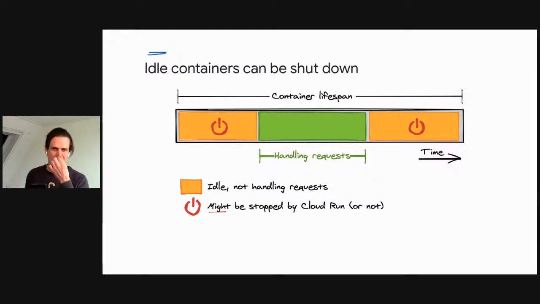Now that you know how the pricing model of Cloud Run works, it won't be a surprise that the lifetime of a container on Cloud Run is only guaranteed while it's handling requests. So if it's not handling any requests, Cloud Run can shut it down. That doesn't mean it will, but it might. In fact, the containers live much longer than you would expect if they're not handling requests.